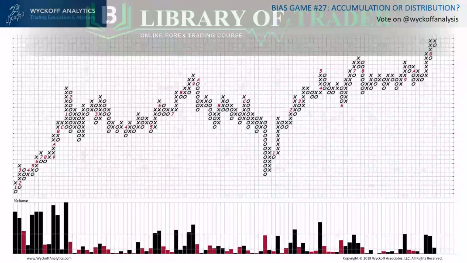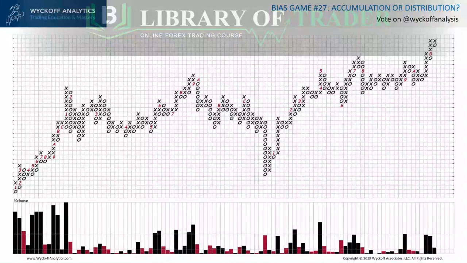I want you to get a feel for the PNF, how the price moves. And you will see in certain moments where momentum starts to develop, where momentum starts to fade, where supply comes in and how supply influences the price, then where demand comes in and starts to influence the price.